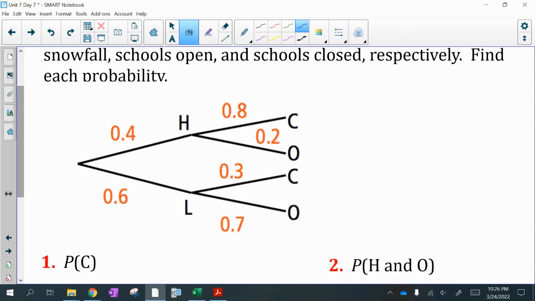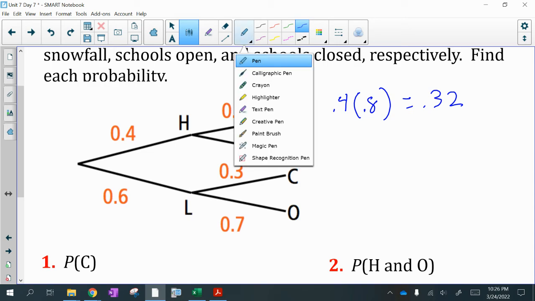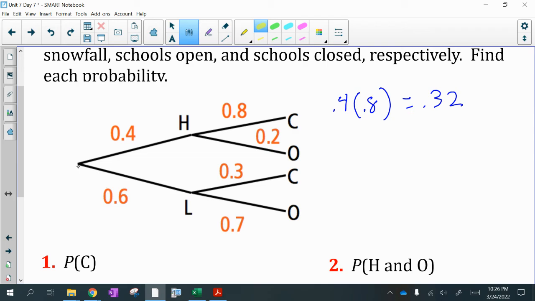It says the probability of it being closed. Well, what I'm going to do is I'm going to track my paths, and I'm going to say, okay, I get to a school closing there by going along this path, which means I've got 0.4 times 0.8, and that's going to get me 0.32. And I also have this second path that leads me to school closing, which is going to be here to there.